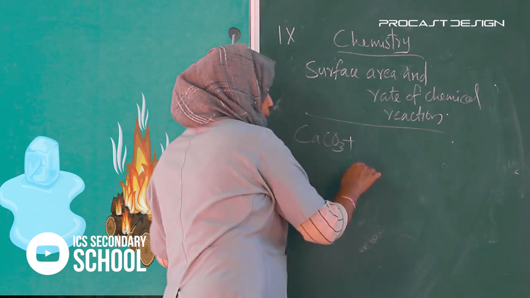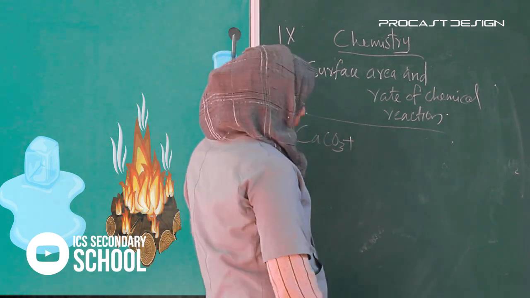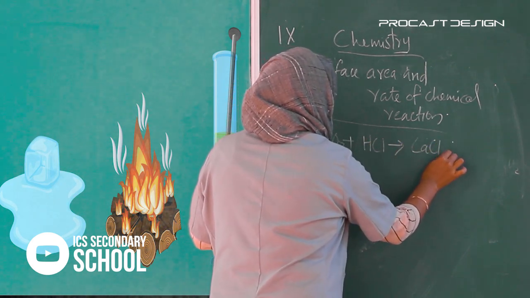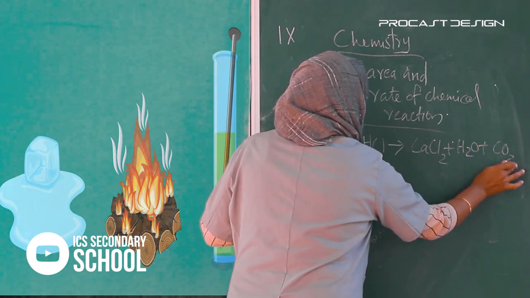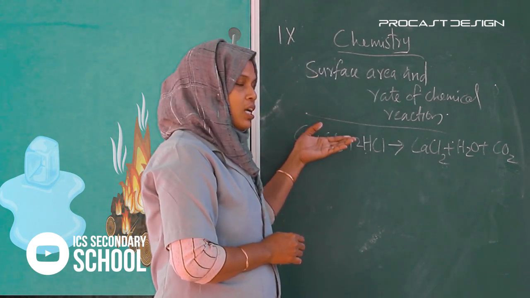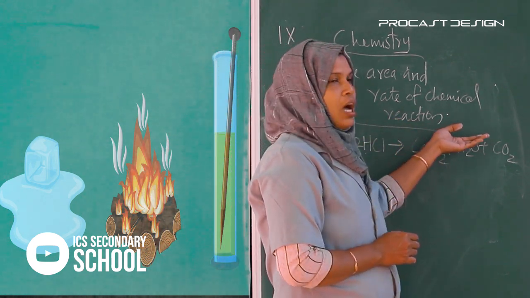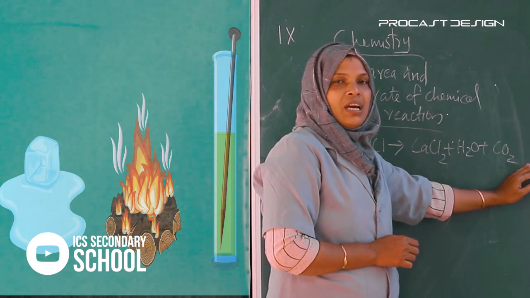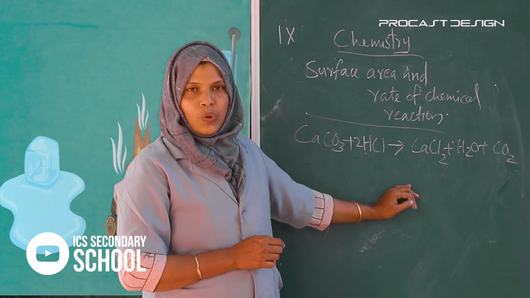CaCO3 plus HCl gives CaCl2 plus H2O plus CO2. Carbon dioxide gas is released when marble reacts with dilute hydrochloric acid.